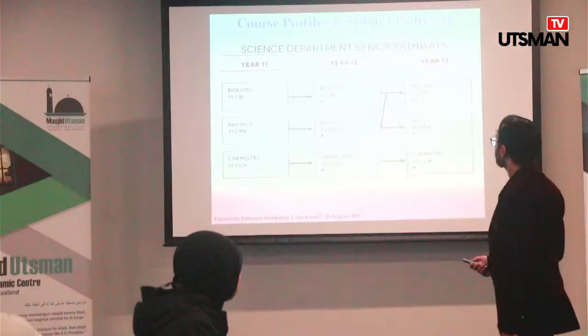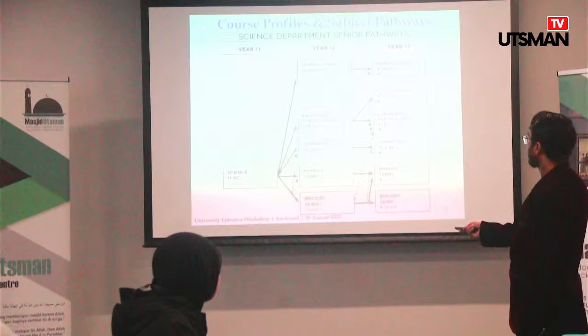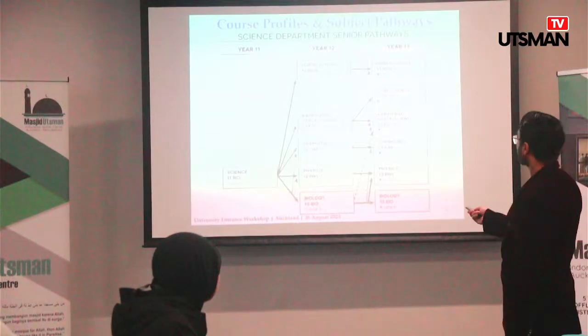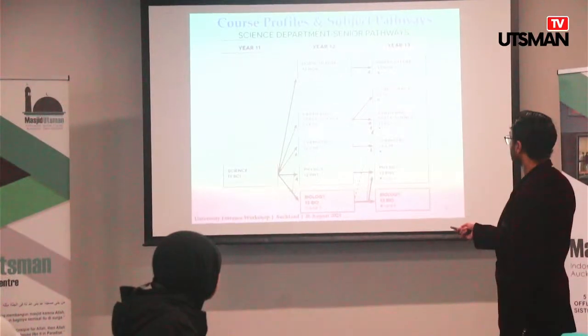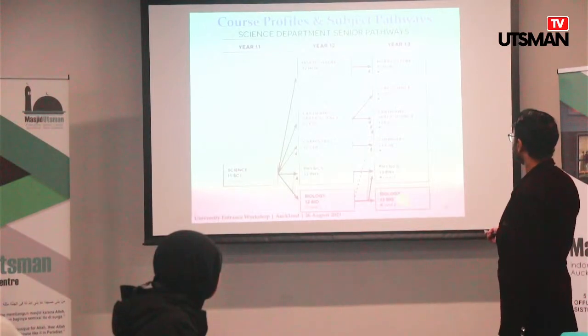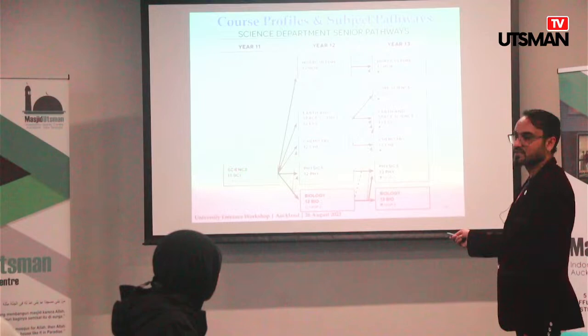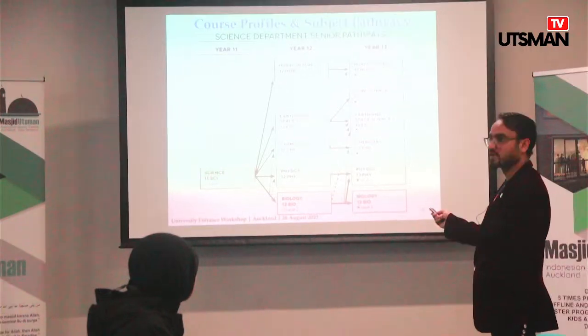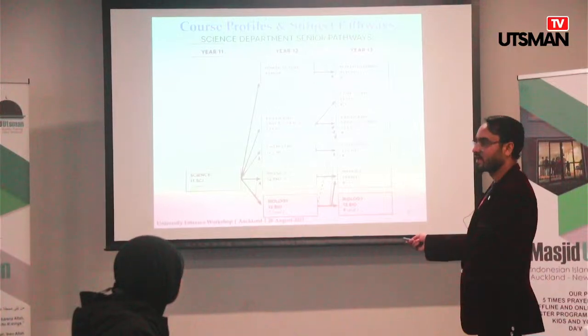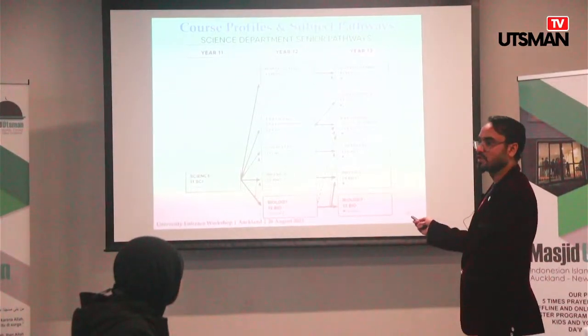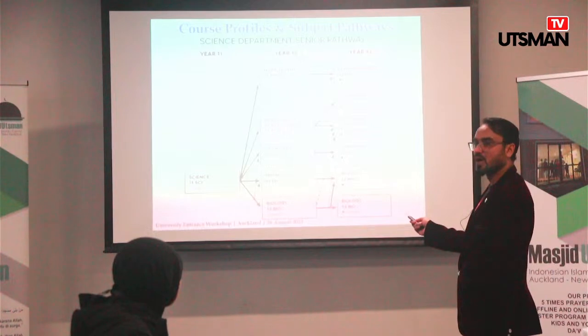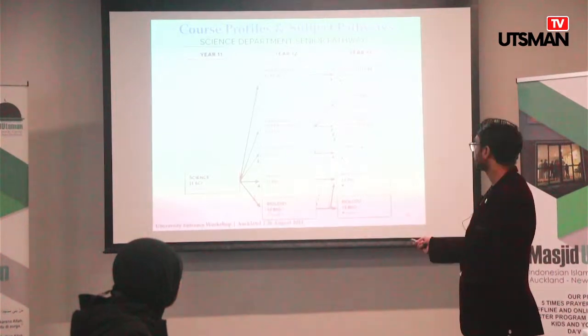Science is very famous. If you want to do these subjects in year 12, you need to have science in year 11, and then accordingly in year 13. If you have taken science in year 11, you can do many things in year 12. But for example, if my son has taken science and all his friends are moving into horticulture in year 12, he will go to horticulture without knowing that he needs to have physics or chemistry.